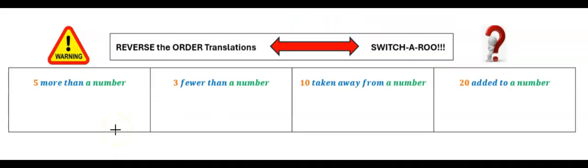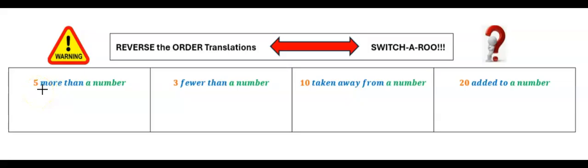Okay, and then when we're looking at these expressions that are coming up, we have to watch out because we need to reverse the order that the number and variable are given to us in the expression. So the first one reads 5 more than a number. So on this one, a lot of times students will translate this as 5 and then they know more than is addition and they'll say it's 5 plus a number, and that is incorrect.